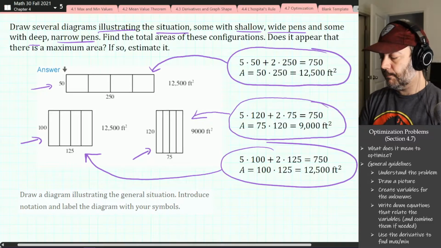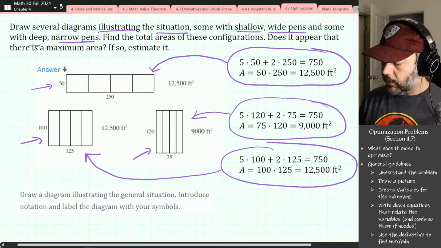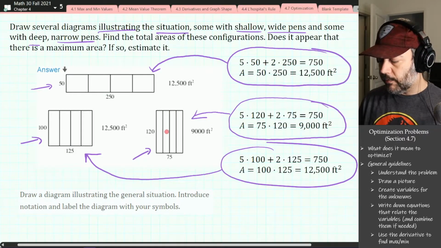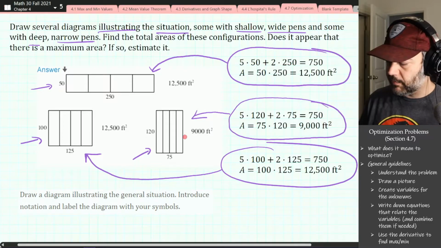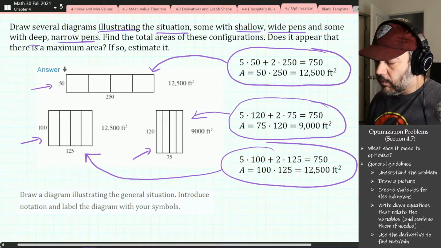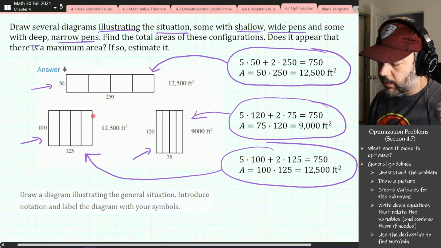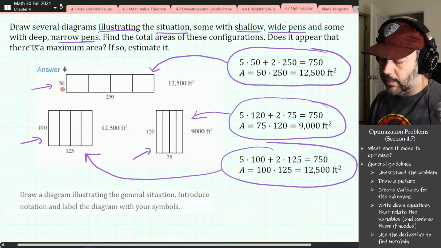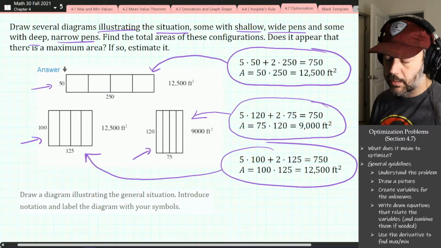You can see that with these long, narrow inner fences, this is very inefficient if we're trying to maximize area, and we only get 9,000 square feet. This one and this one both are 2 different ways to get 12,500 square feet. You would think that maybe there's something in between these two that might make it more than this. Like if we slightly lengthen 50, maybe if 50 was 60 and 250 would have to decrease. I don't know.